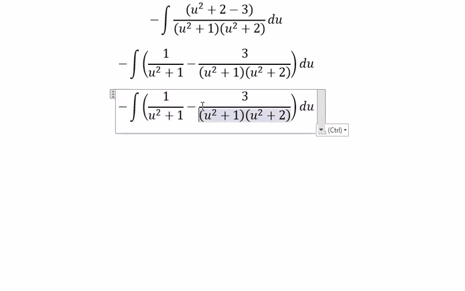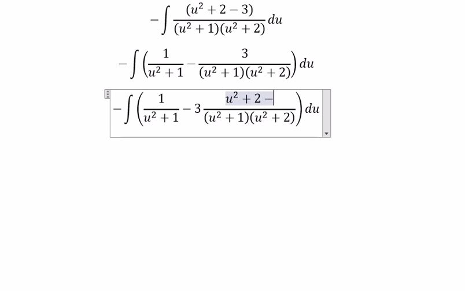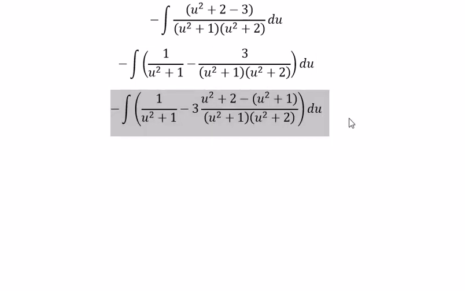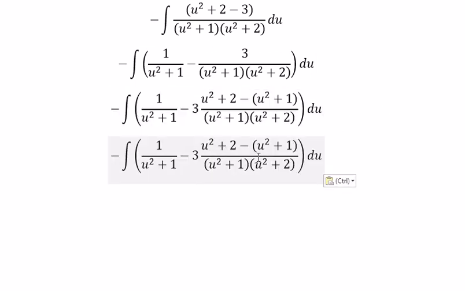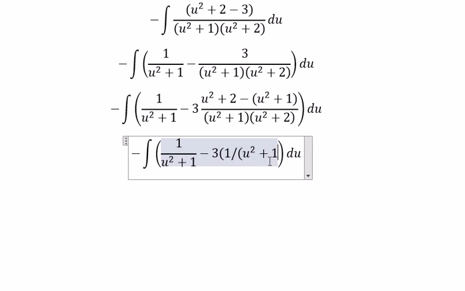So we put number 3 in here, and now we have u square plus 2 minus u square plus 1. u square minus u square, we cancel; 2 plus 1, 2 minus 1, you get number 1, so that's why we don't need to divide anything. u square plus 2 divided by u square plus 2, you will get 1 over u square plus 2.